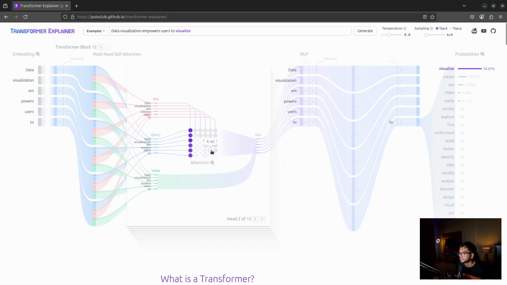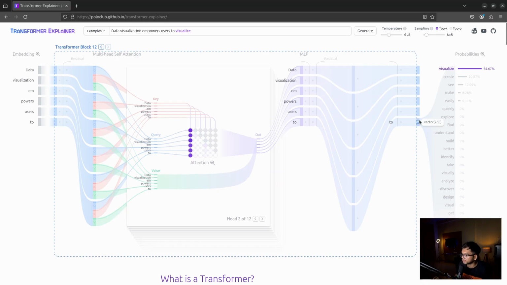Since this attention block has been applied, the information of the previous words is there in the last output matrix, which is 1 into 768, right? So this is the last block.